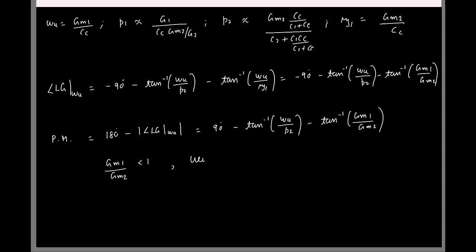So usually you will find that GM2 is greater than GM1. And what is the best case phase margin we can get? 90 degrees. That's the best you can get, right?